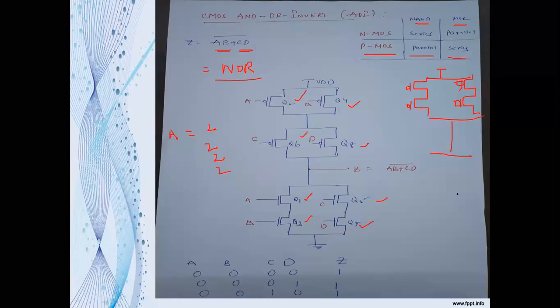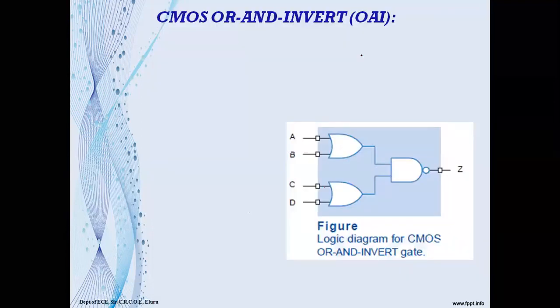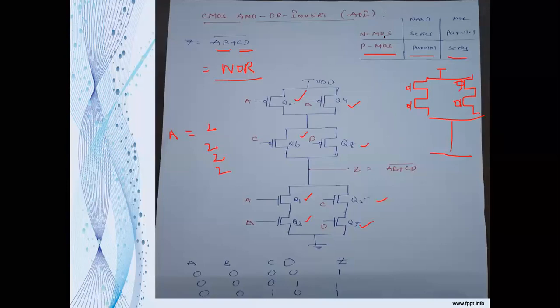If you see here in this example, we have a structure of the NOR operation. In the case of CMOS OR-AND-invert, you will have the NAND structure. So what is a NAND? In NAND, the pull-down network is in series and the pull-up network is in parallel.